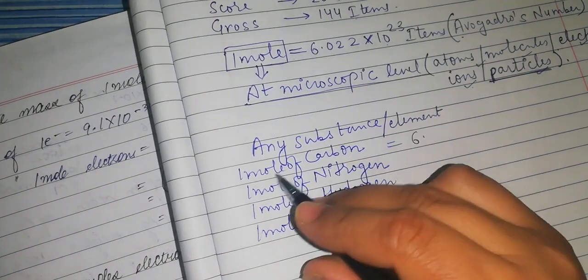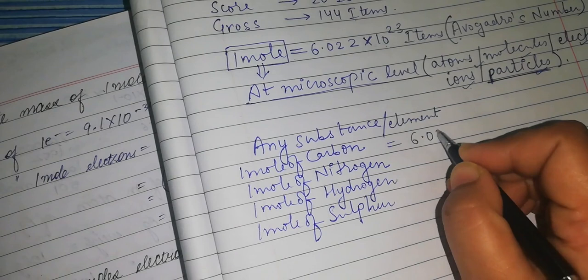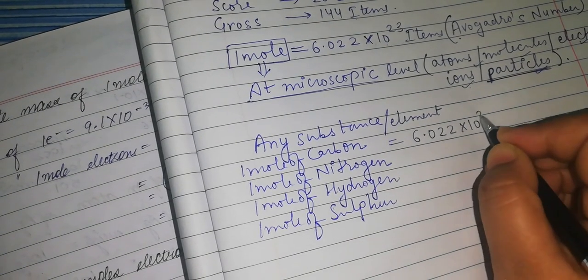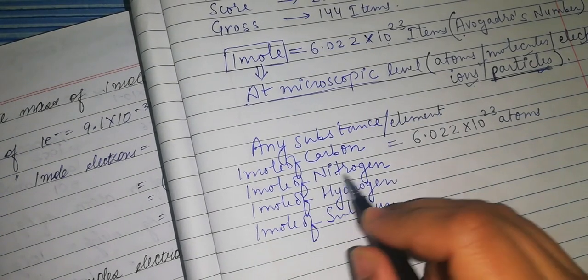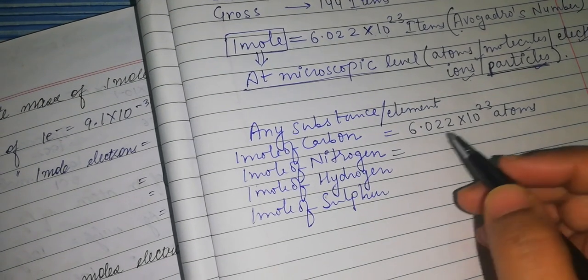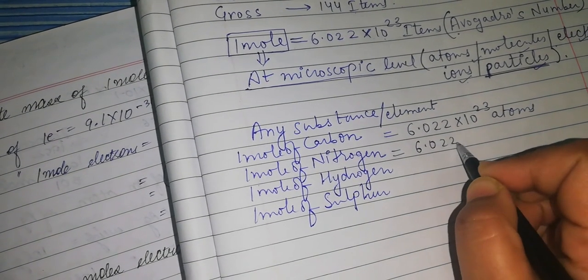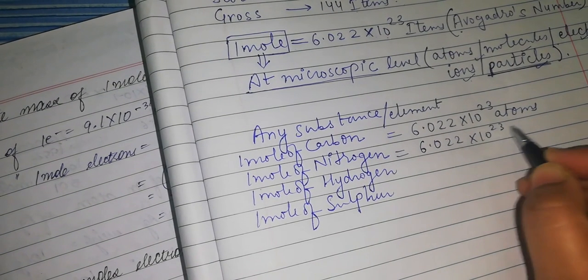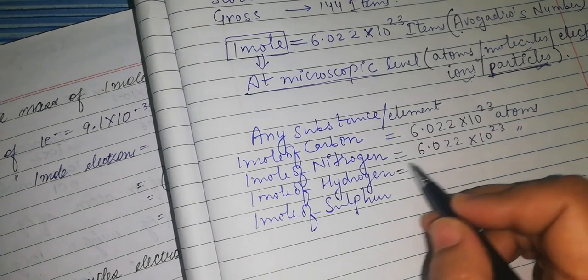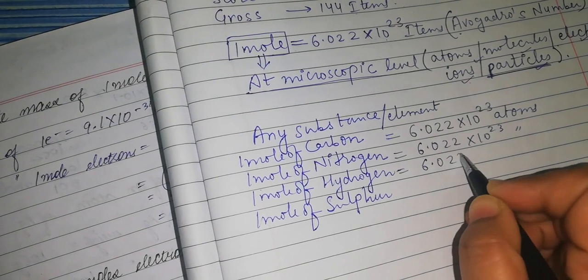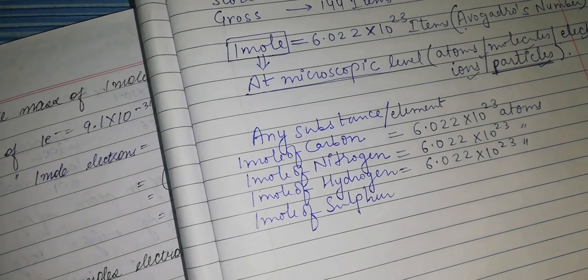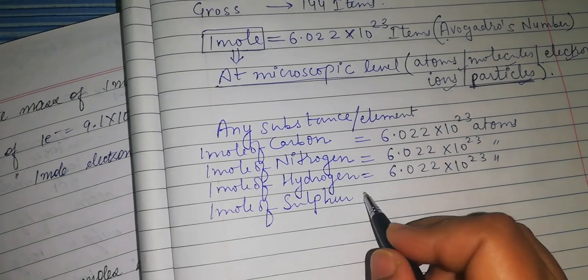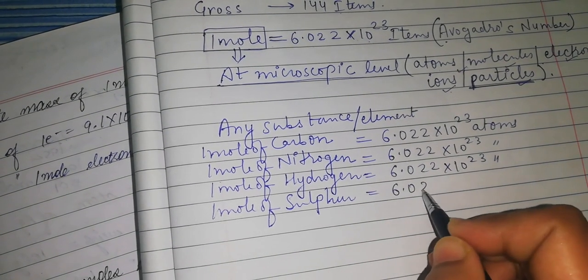That is, 1 mole of carbon contains 6.022 into 10 raised to power 23 atoms. In the same way, 1 mole of nitrogen, 1 mole of hydrogen, and 1 mole of sulfur also contain 6.022 into 10 raised to power 23 atoms.